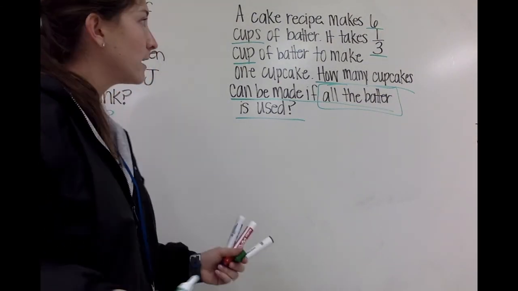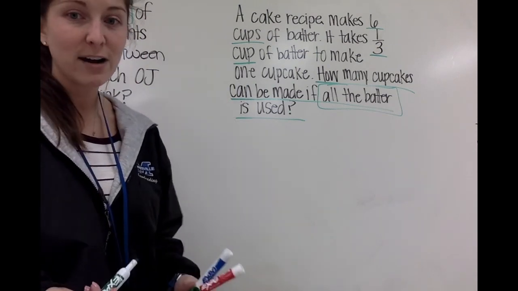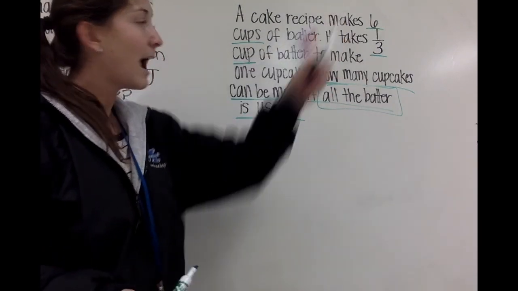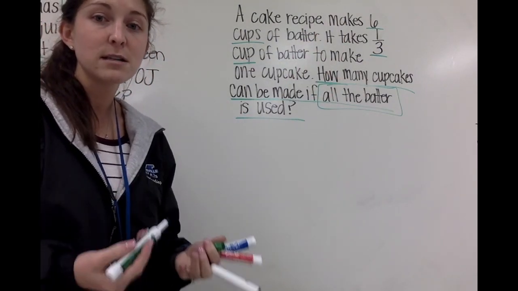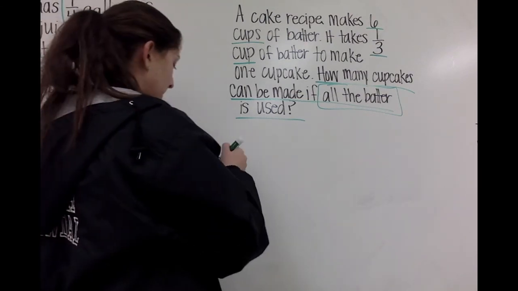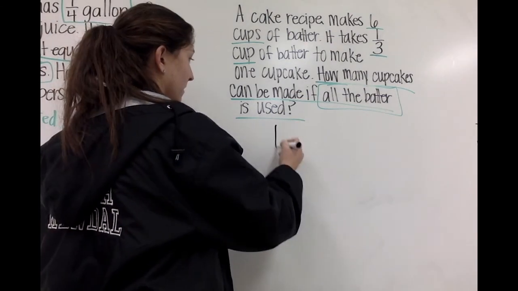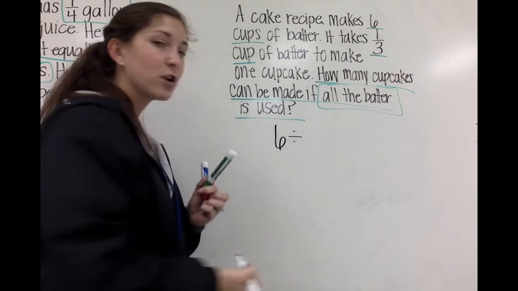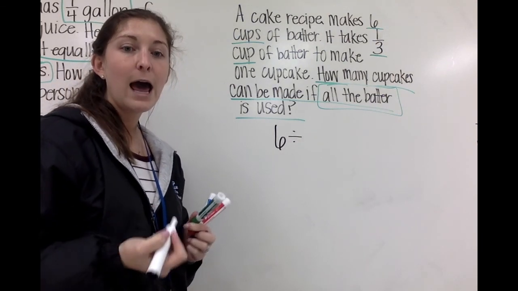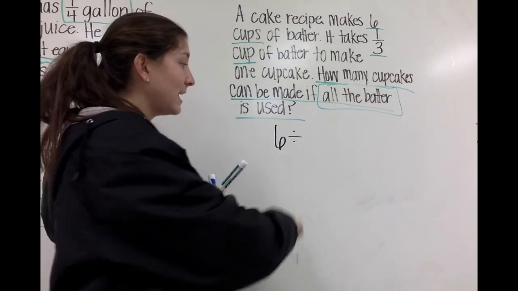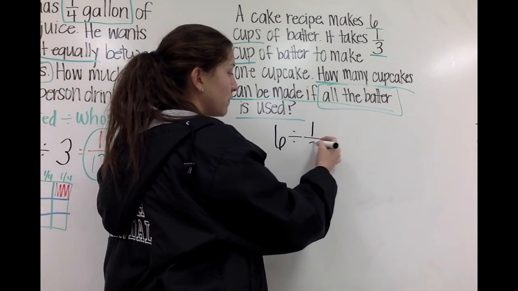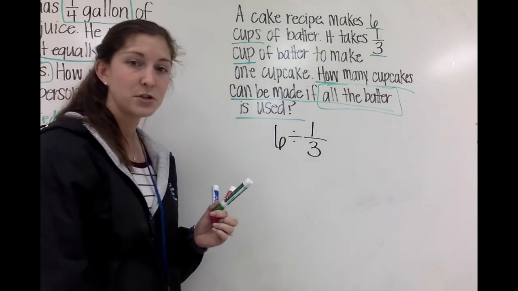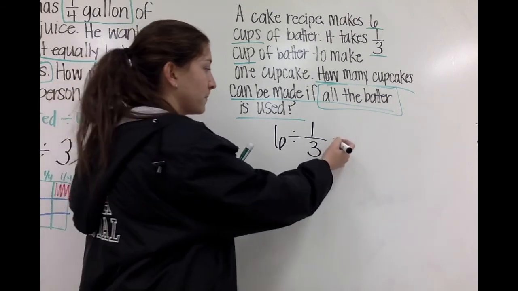And I can go back into my problem and see how much batter that I have total. Well, I have the 6 cups, so 6 is what I'm starting out with. And I'm trying to find out how many 1/3 are in 6. So for this problem, I would have to do 6 divided by 1/3.